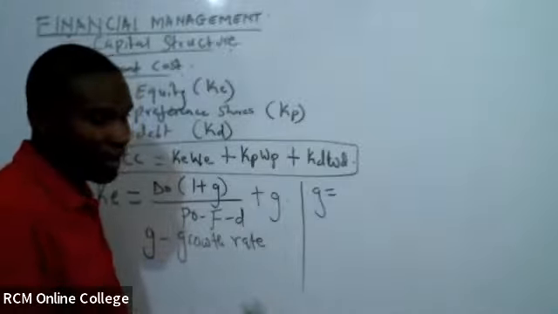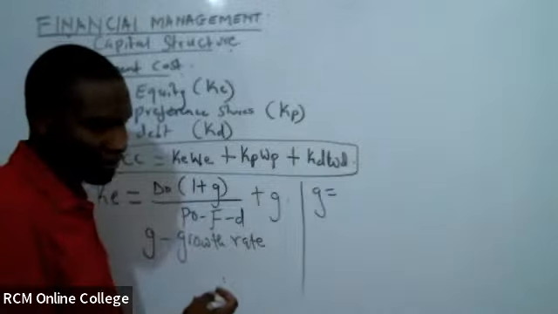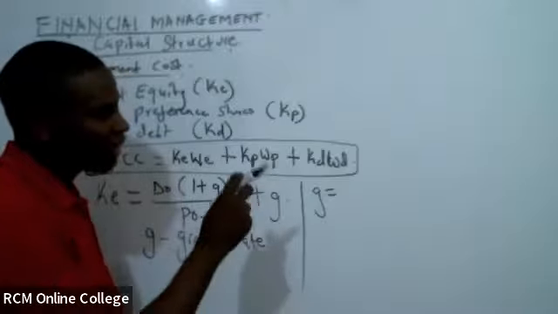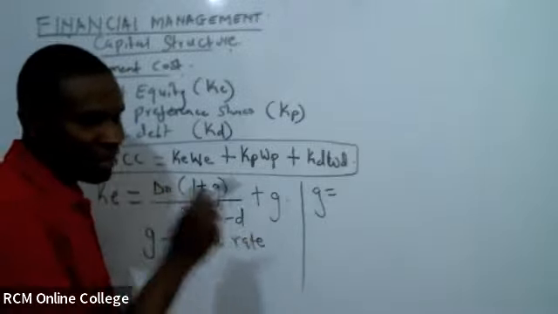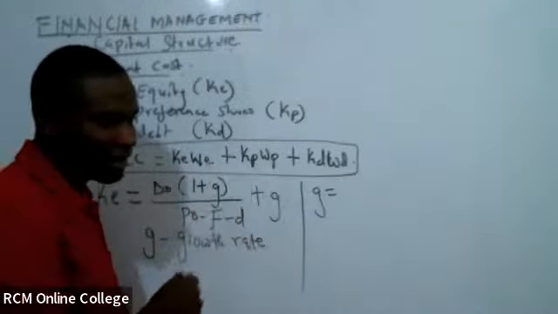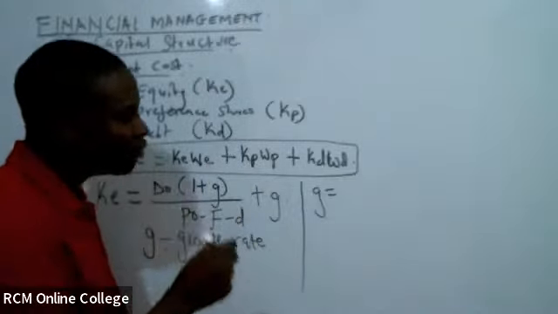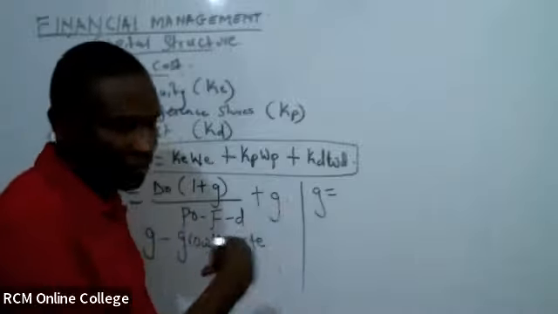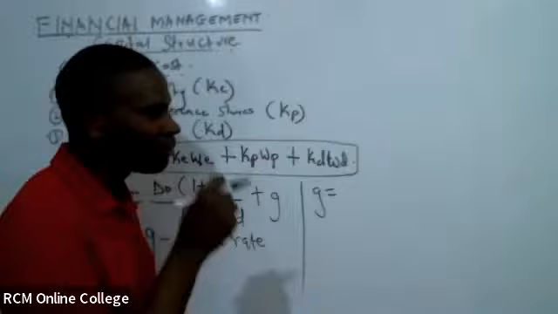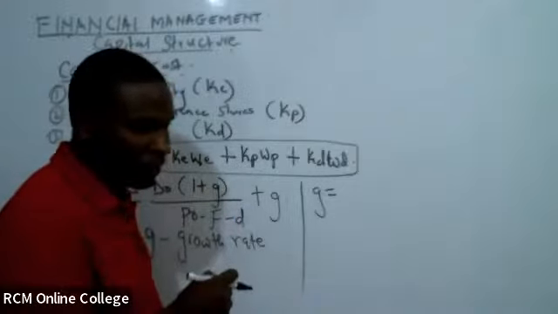Examiner anaweza kupatia hiyo, whereby you'll be required to take the current dividend divided by the previous dividend, whatever that you get, you square root of that. After that, you less 1. That is the growth.